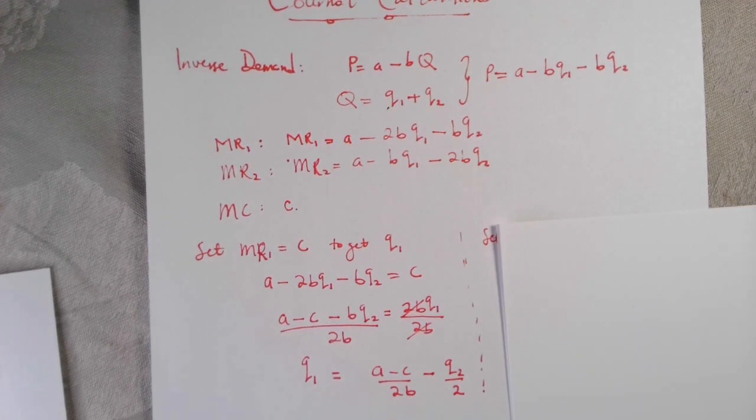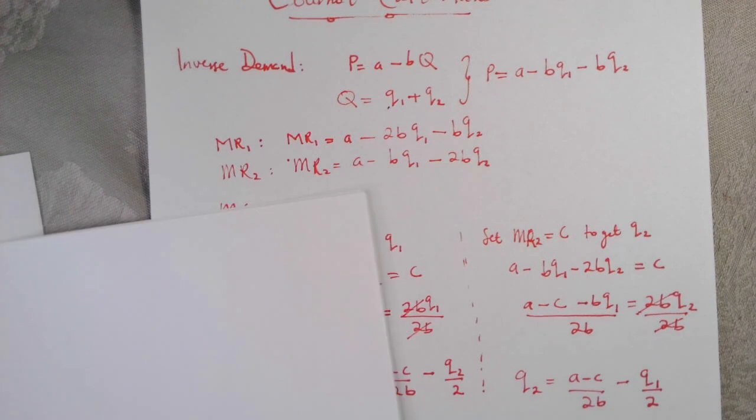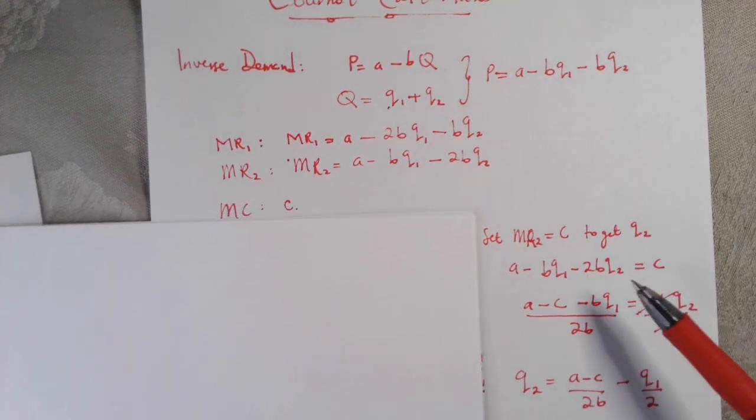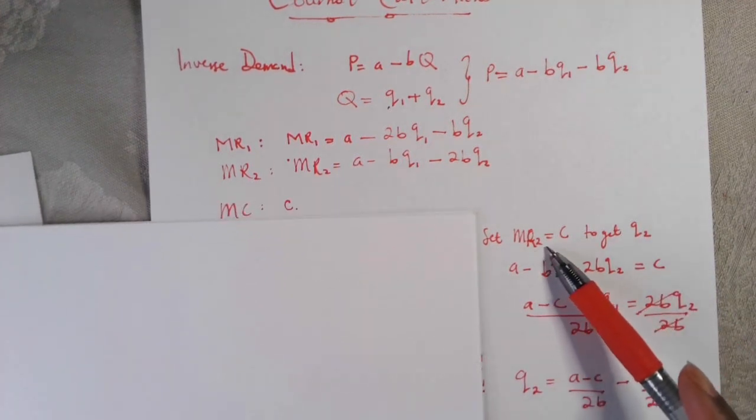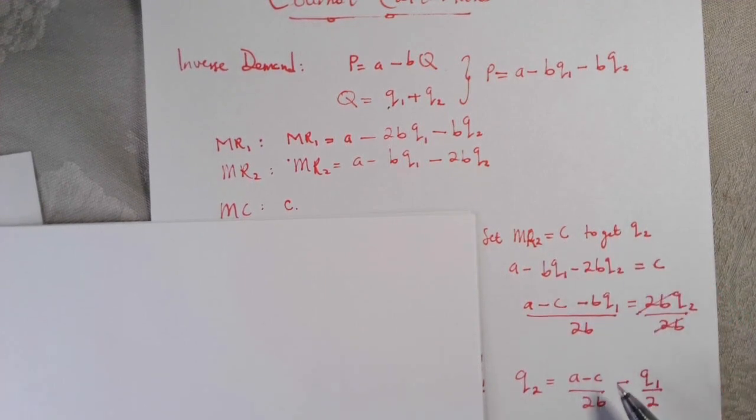In the same spirit, we repeat the same procedure for Q2 in the sense that we set marginal revenue for firm 2 equals C to get Q2 as a function of all the other parameters, including Q1, right?